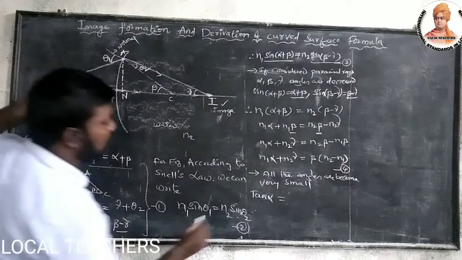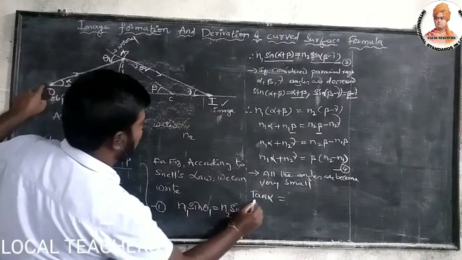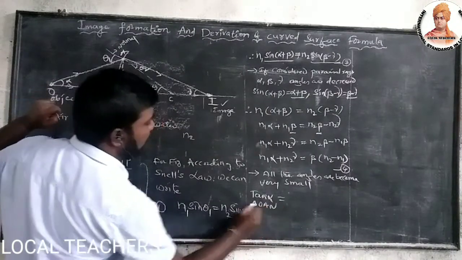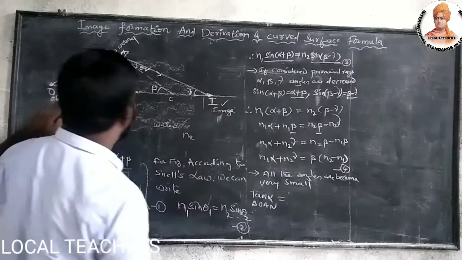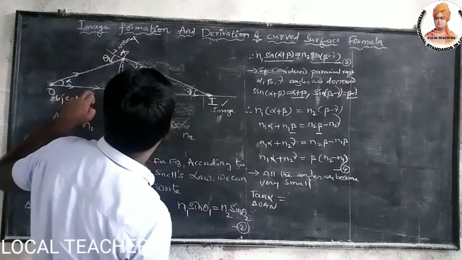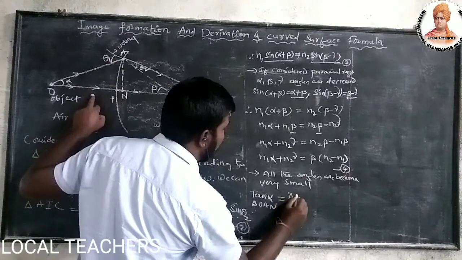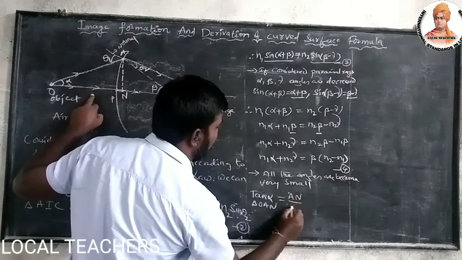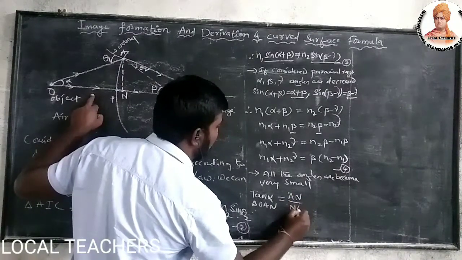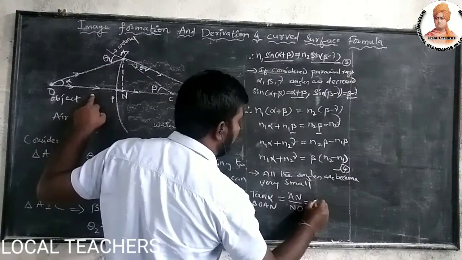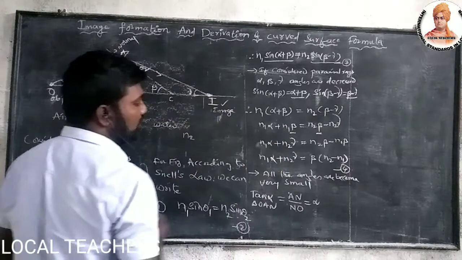For which triangle am I applying this? Triangle OAN. So applying tan alpha, it will become AN by NO, that equals alpha.